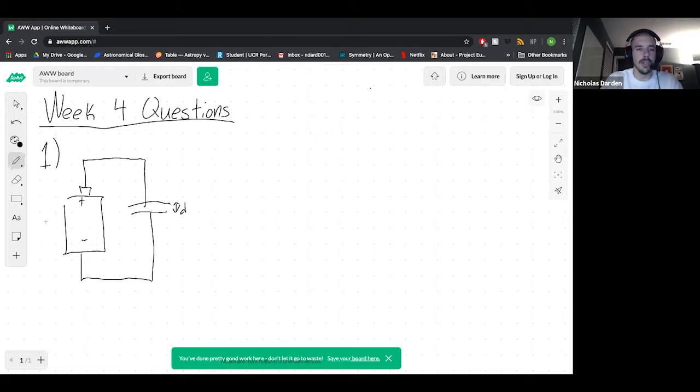And what we want to know is what happens if we replace that battery with another one that has delta V bat times 2. So just double the voltage difference of the original battery.